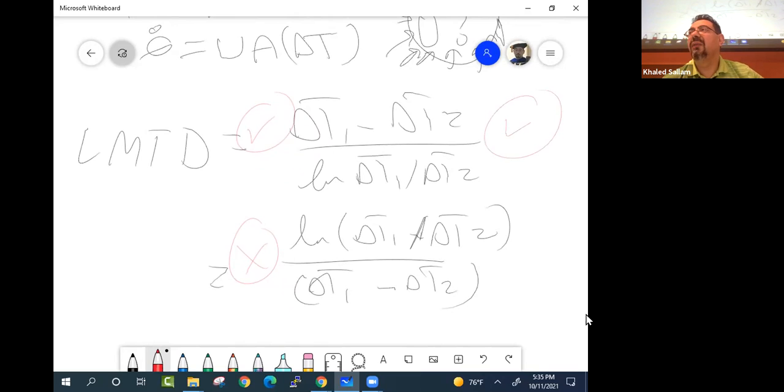Why is the first one correct and the second one wrong? It's the units. You will be surprised how many mistakes you can figure out just by the units. What are the units of this formula?